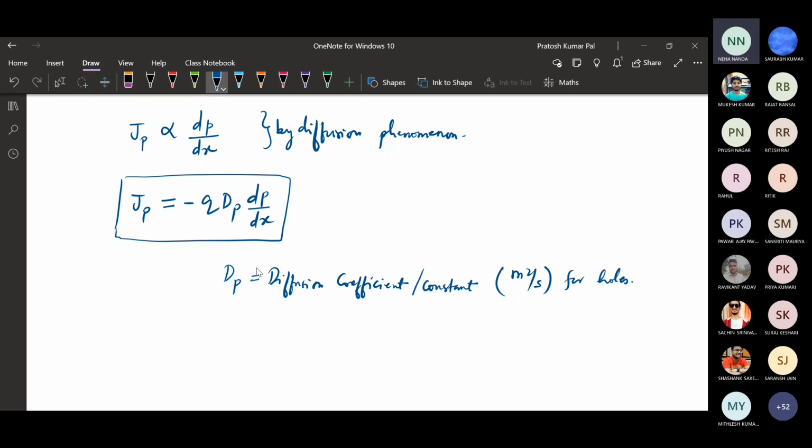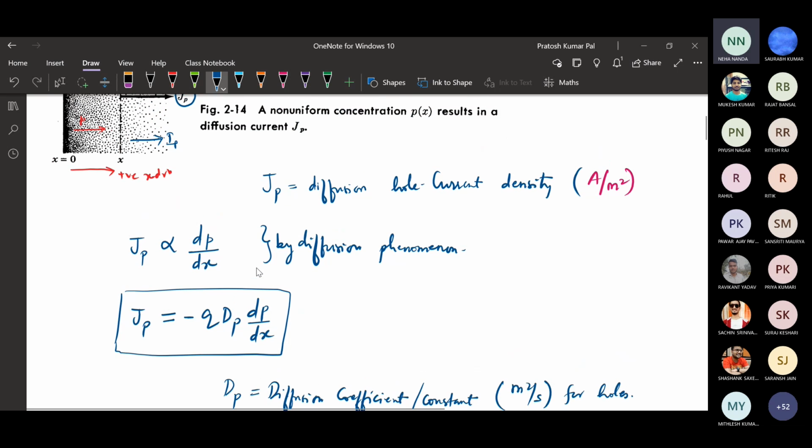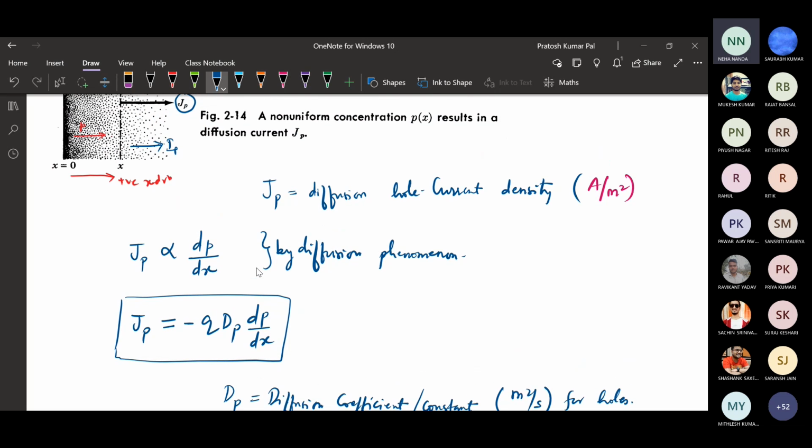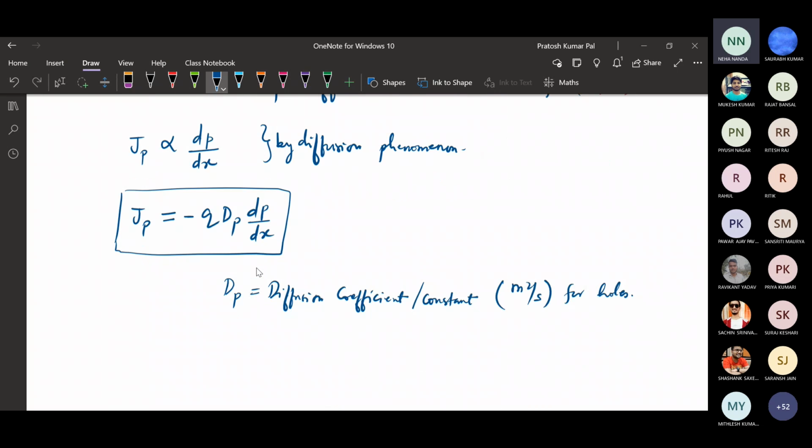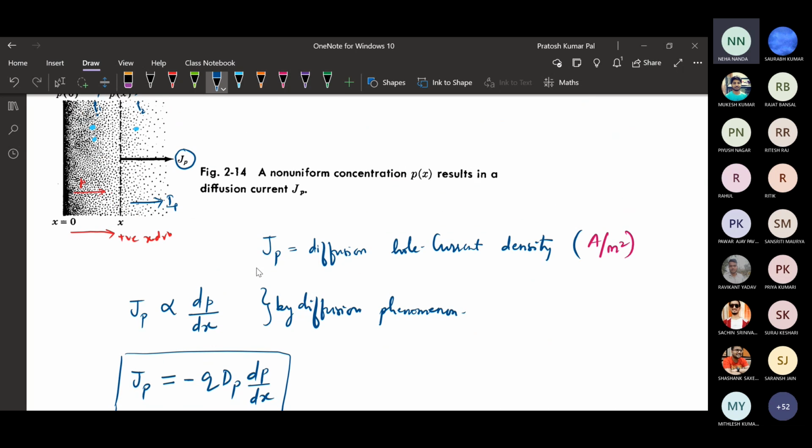The negative sign indicates that the current density jp should be positive, but dp by dx, the hole gradient, is negative: as x increases in the positive x direction, the hole concentration decreases, so dp by dx is a negative value.